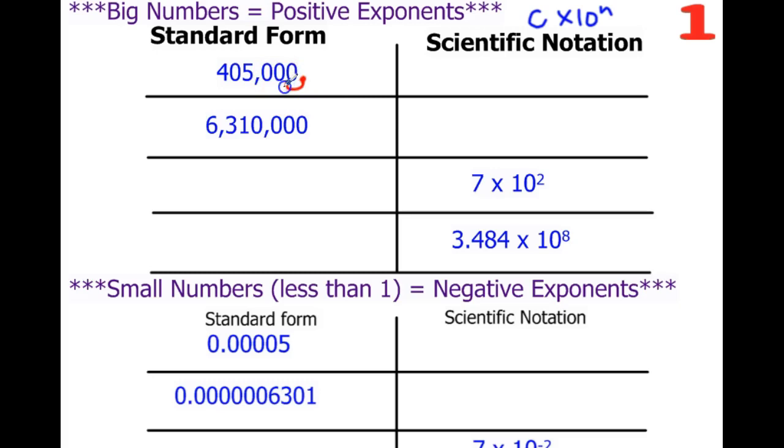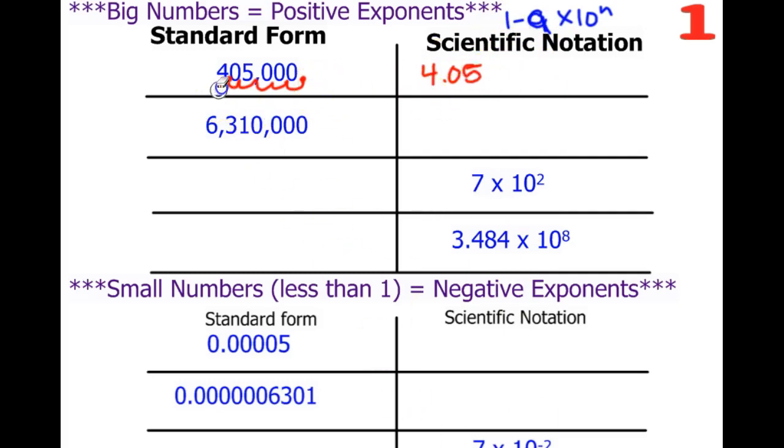So we can move our decimal 1, 2, 3, 4, 5 times would get us a number. Now if you look at this decimal, it's between the 4 and then 0.5, so it would be like 4.05. That number is between 1 and 9. That number is between 1 and 9, so we're good.